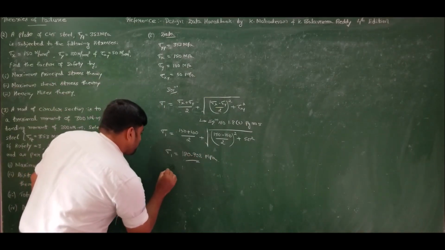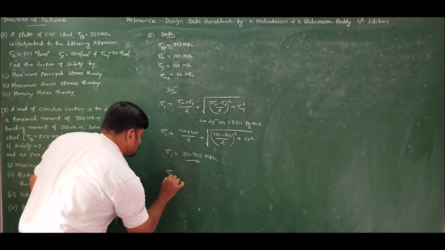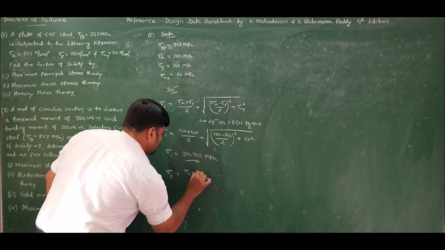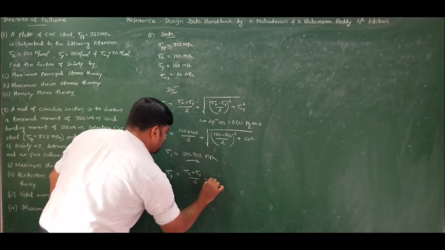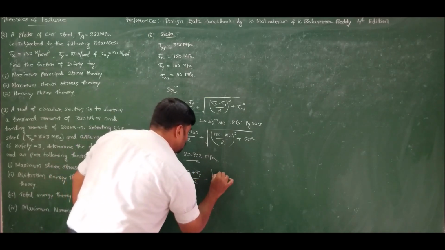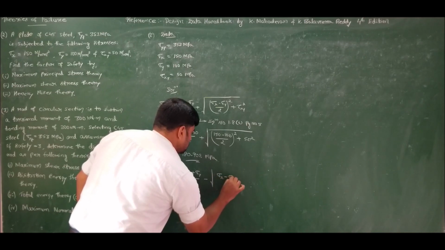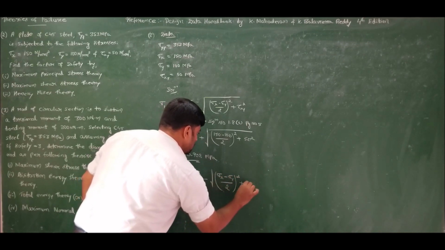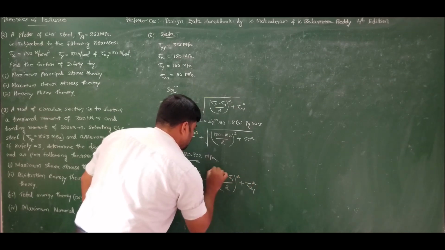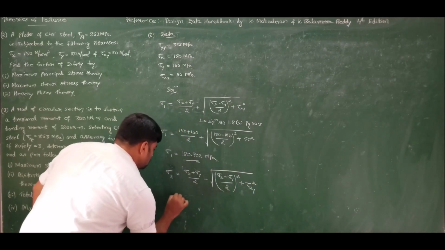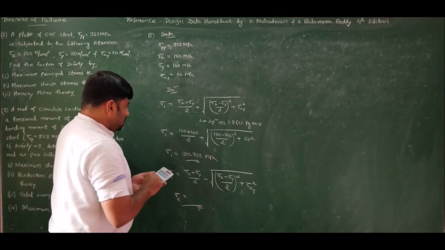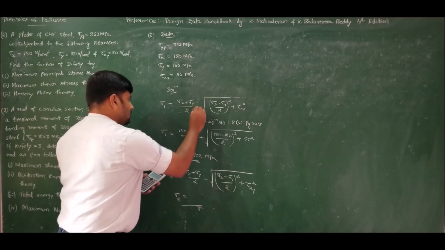Similarly, we know how to find minimum principal stress sigma 2, which is given by sigma x plus sigma y by 2 minus root of sigma x minus sigma y by 2 whole square plus tau xy square. So just change the sign to minus.